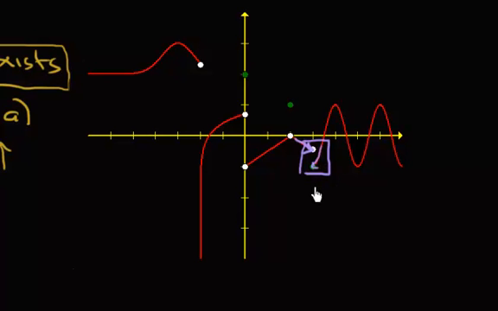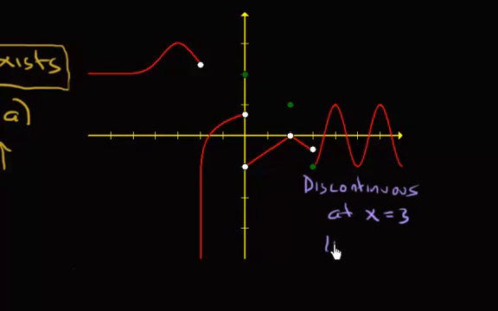So the way you would write this is you would say discontinuous at x equals 3. And then give a reason why it's discontinuous. In this case, it would be the limit as x approaches 3 does not exist. Even though a y value does exist, it's right there, the limit does not exist.